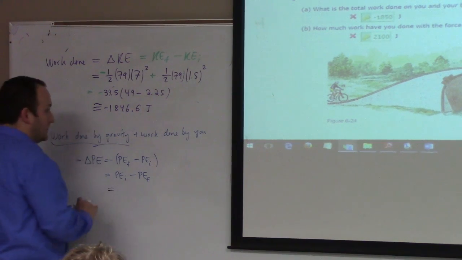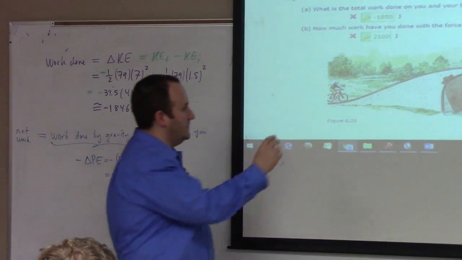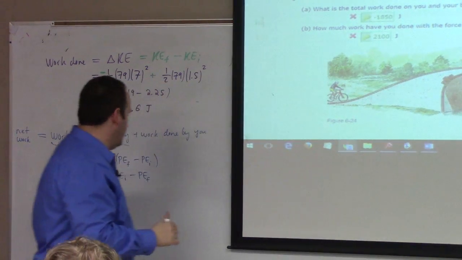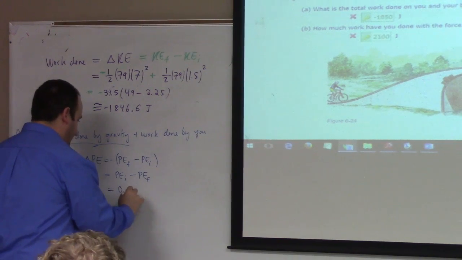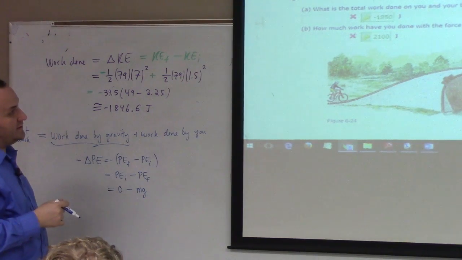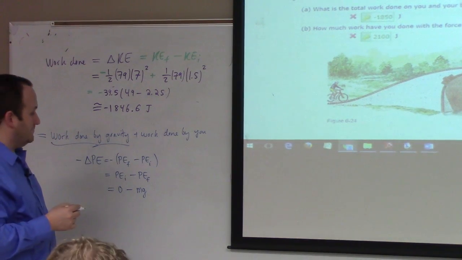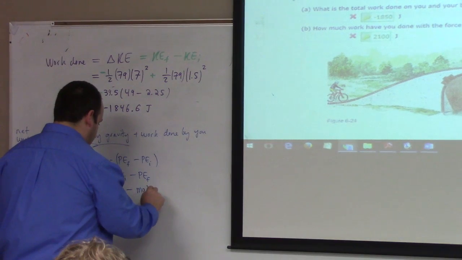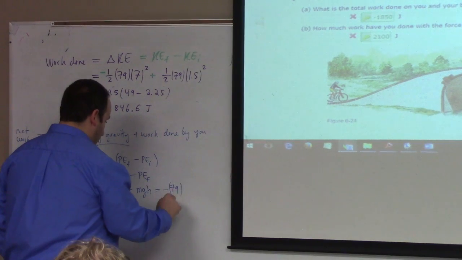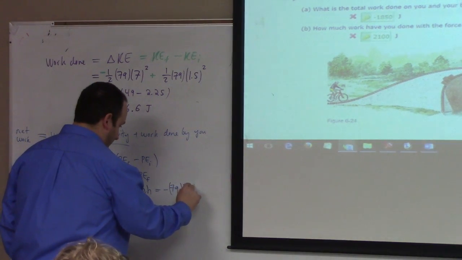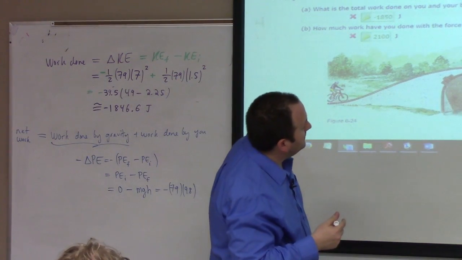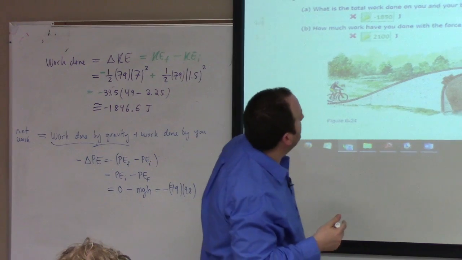What is PE initial? What's the initial potential energy? If we take h equal to 0 down here, it's 0. And what's the final potential energy? mgh, right? So that's actually equal to minus 79, g is 9.8, and the h here is what? 5.1.